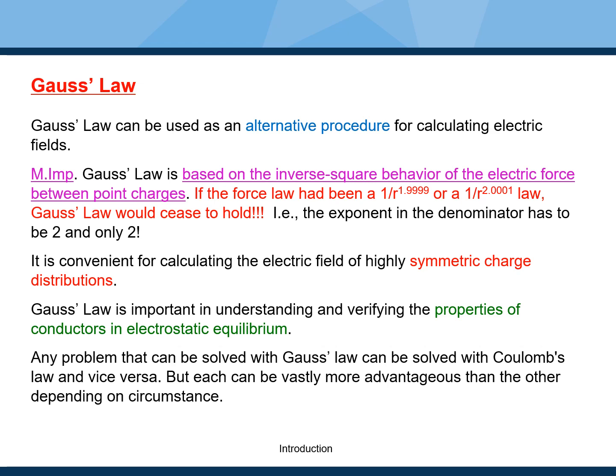It is very convenient to use Gauss's law, especially when you have symmetric charge distributions. So we will go through a plethora of examples to show that whenever you have a symmetric charge distribution, Gauss's law is in some sense the preferred way of evaluating the field.